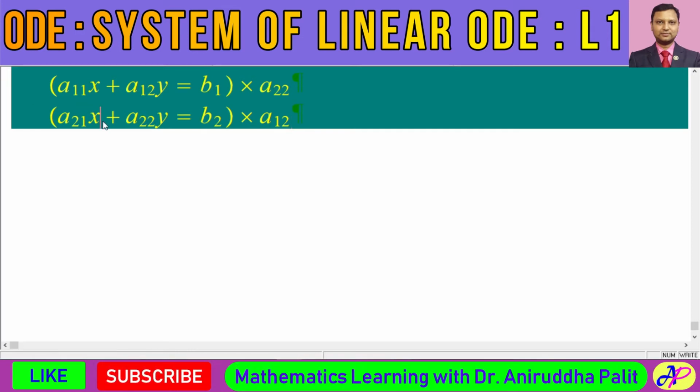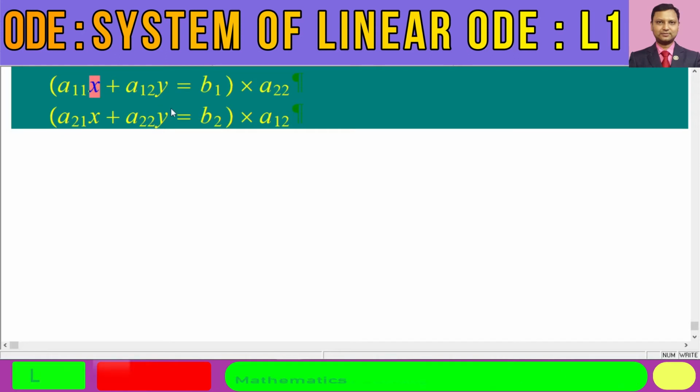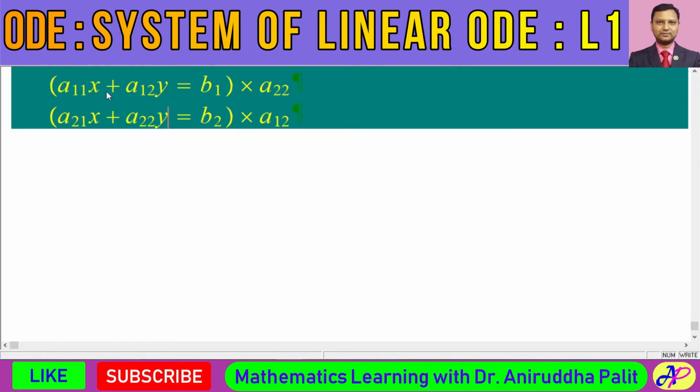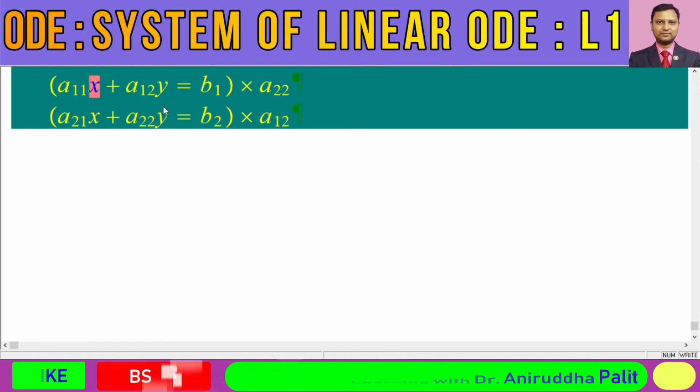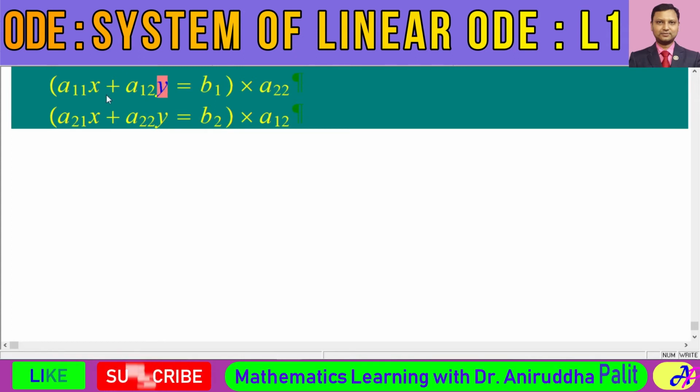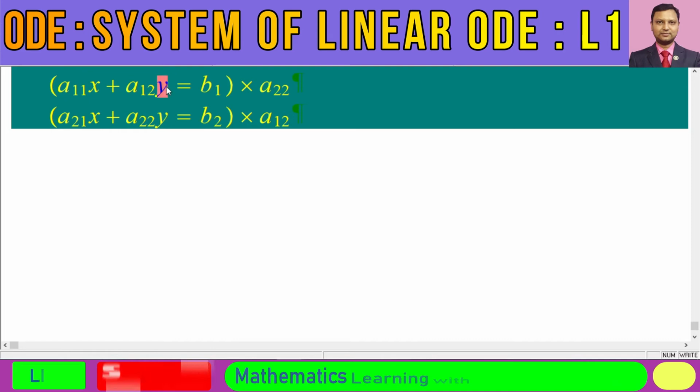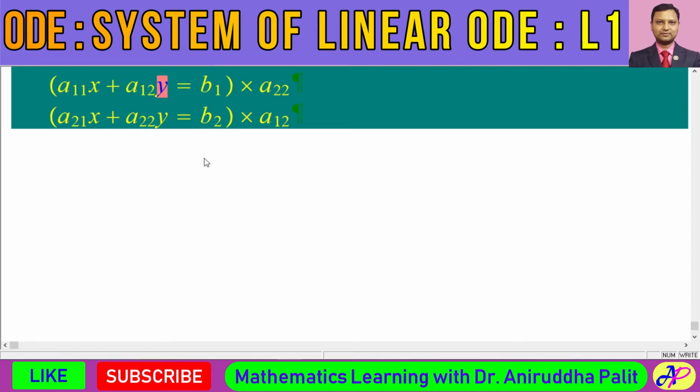Ultimately you will get an expression involving x. So in this way you will find the value of x, and then you can put it in one of these two equations and find the value of y.